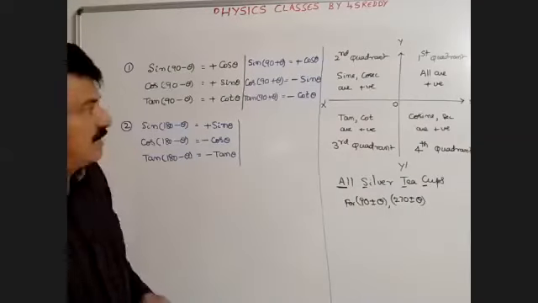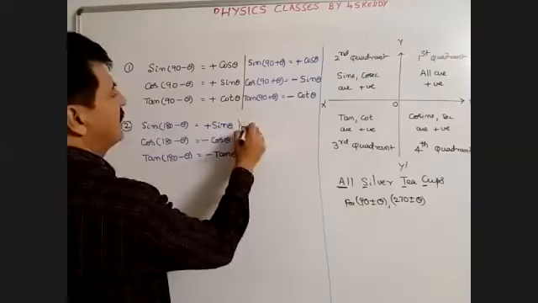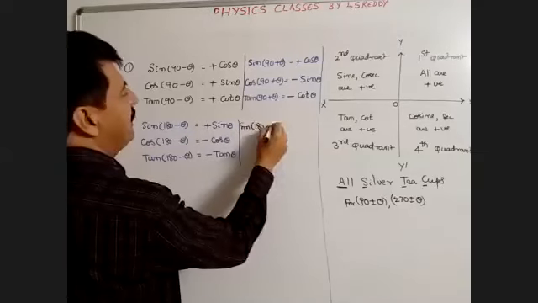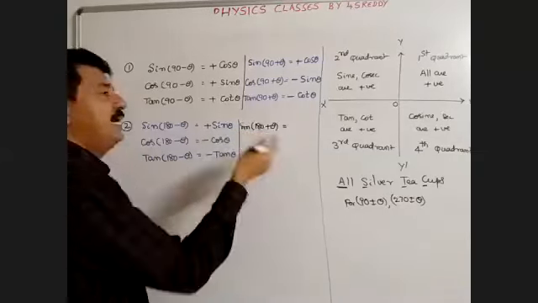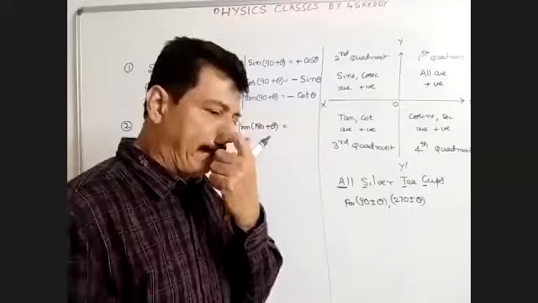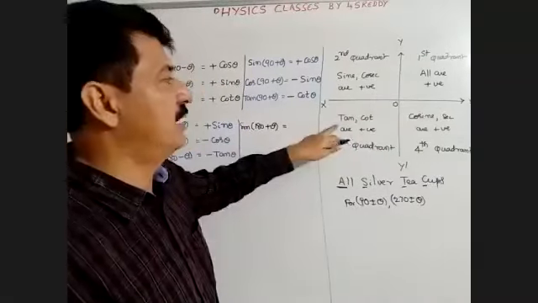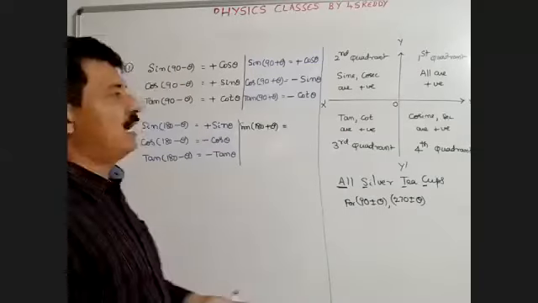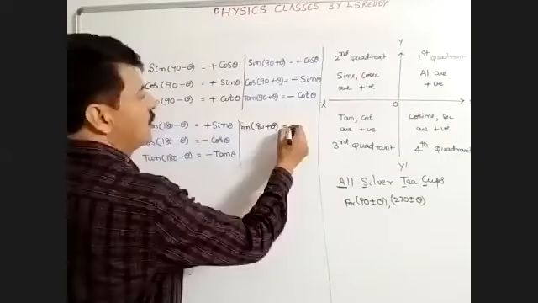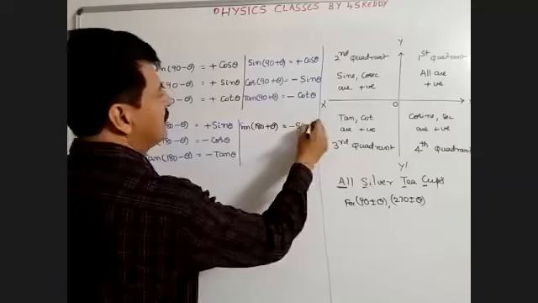Similarly, consider 180 plus theta, sine(180 plus theta). 180 plus theta means which quadrant? After crossing 180, it enters the third quadrant. In the third quadrant, tan and cot are positive, the remaining are negative. So minus sine theta.